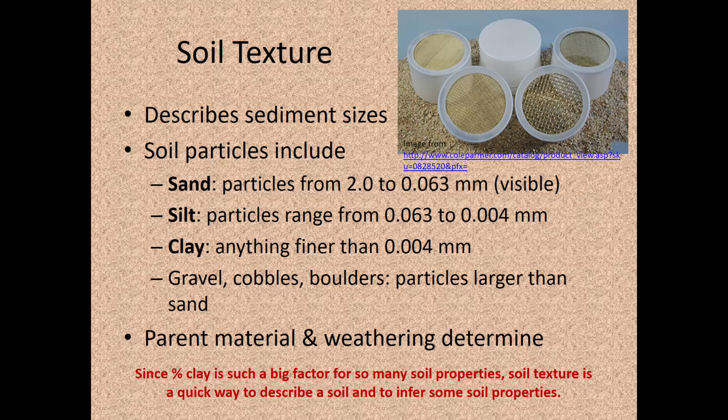There's also in soil, especially out in the desert in Arizona where I live, gravel, cobbles, boulders. So any particles that are larger than sand would be called gravel, or if they're really large, boulders.